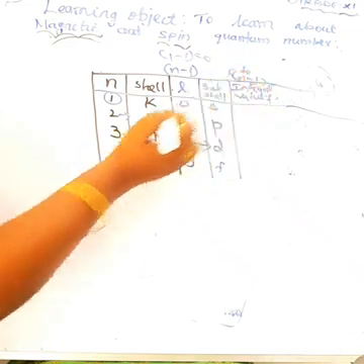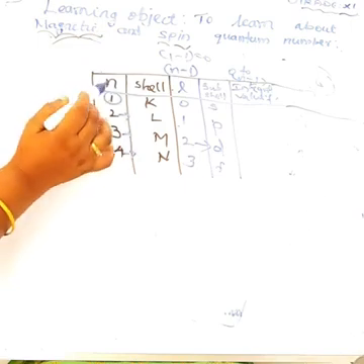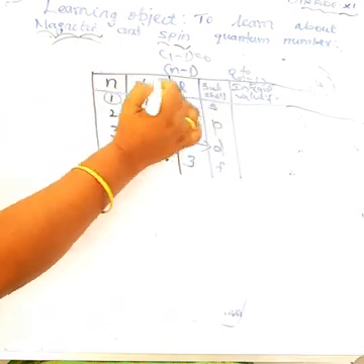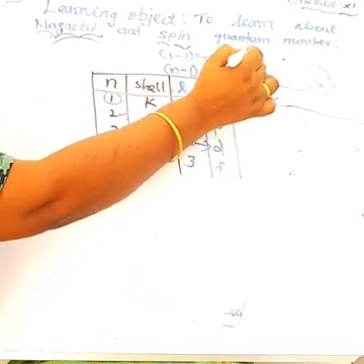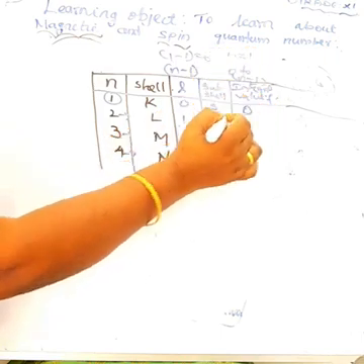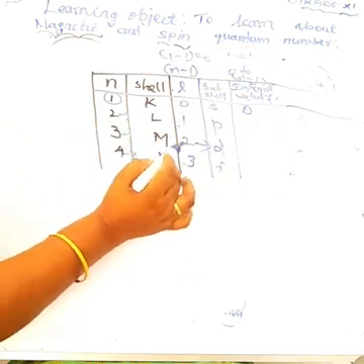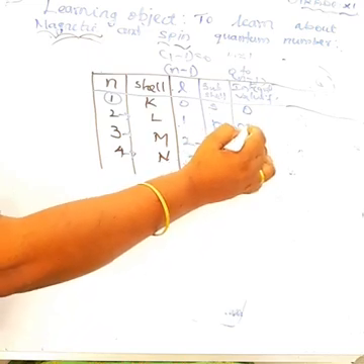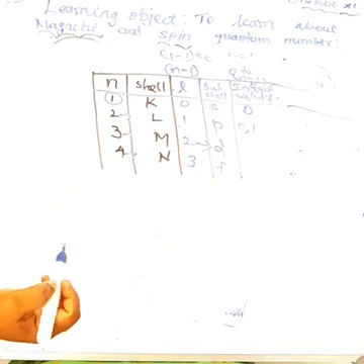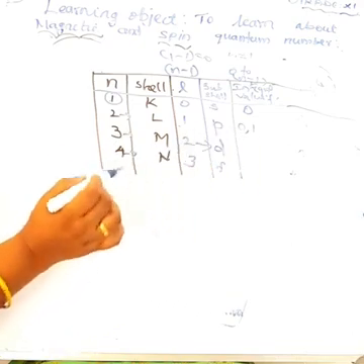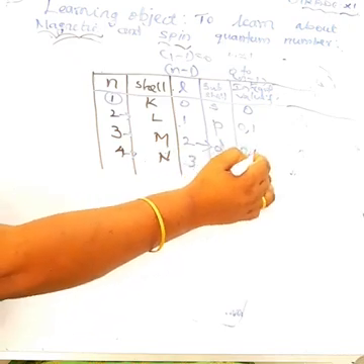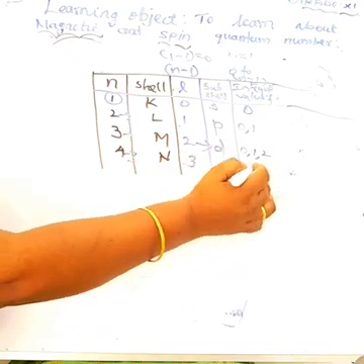When n is equal to 1, it is 0 only. When n is equal to 2, it ranges from 0 to n minus 1, that is 2 minus 1 equal to 1, so from 0 to 1. When n is equal to 3, it is 0, 1, 2. And when n is equal to 4, it is 0, 1, 2 and 3.